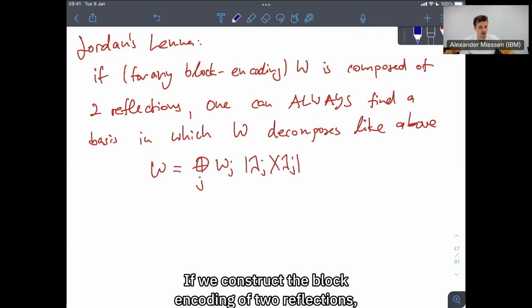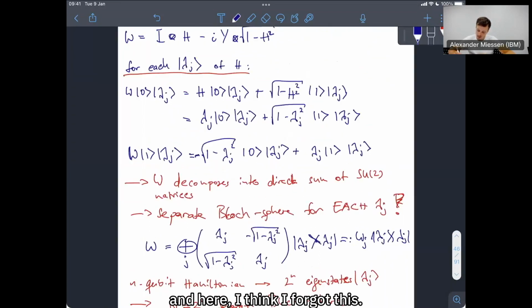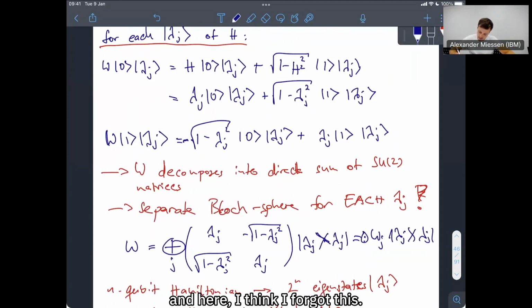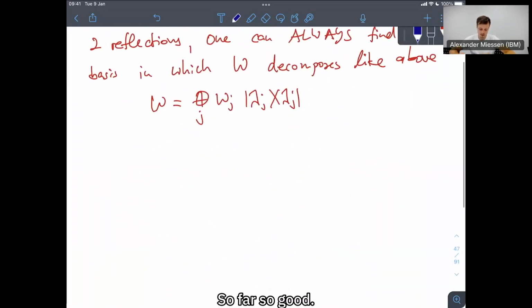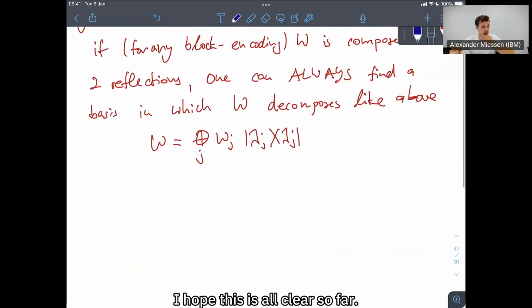If we construct the block encoding of 2 reflections. And here I think I forgot this. Okay, so far so good. I hope this is all clear so far.